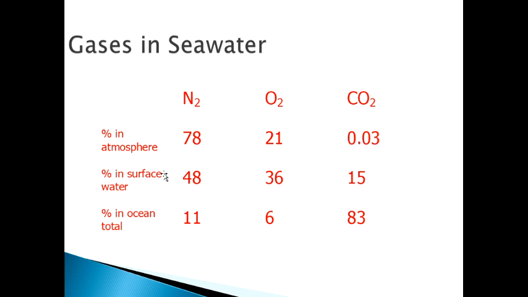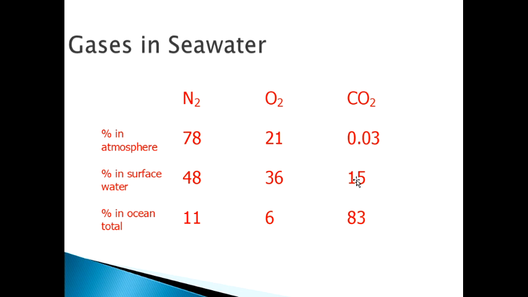The oceans have a different ratio as well. There are gases dissolved in the oceans, and notice there is more oxygen in the surface of the oceans than we are breathing. Less free nitrogen, and then far more CO2.